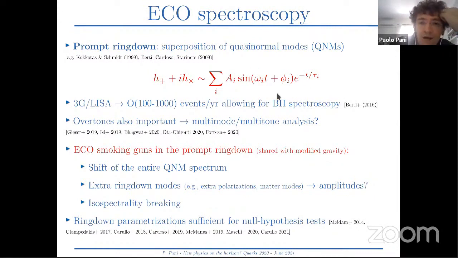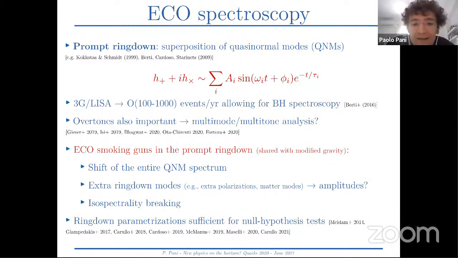These frequencies and damping times have started to be measured by LIGO and Virgo, but in the future, we will detect hundreds or thousands of events for which black hole spectroscopy can be done, so for which one or more quasi-normal modes can be detected.